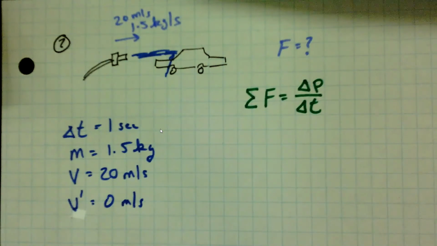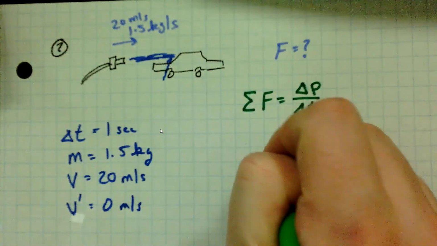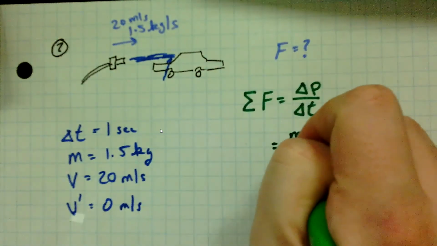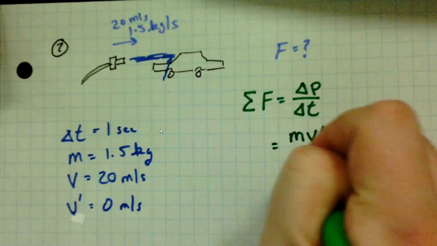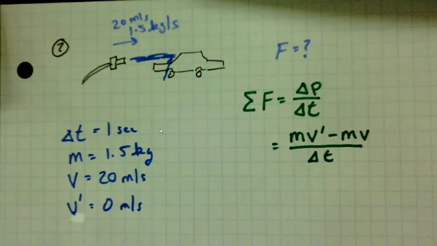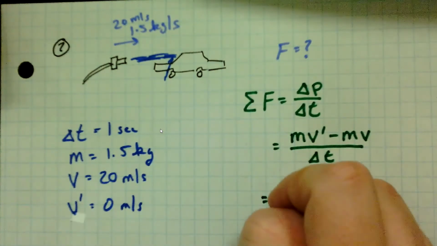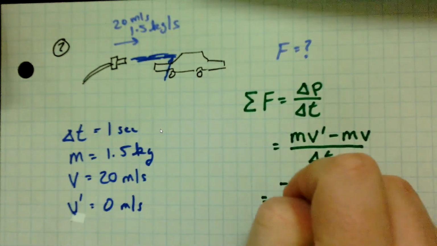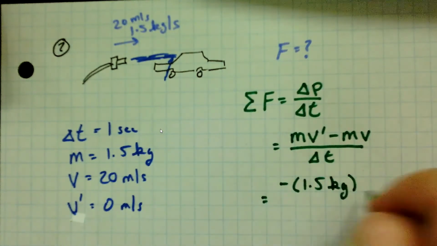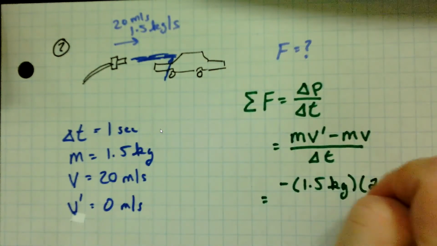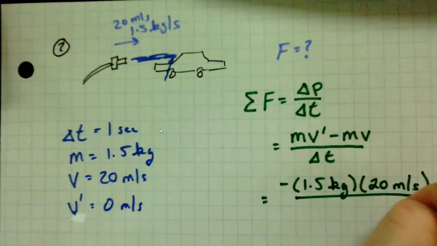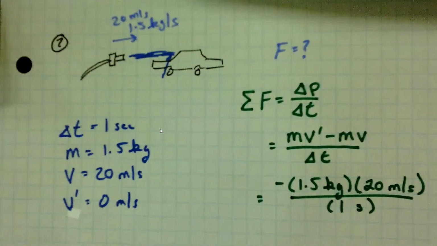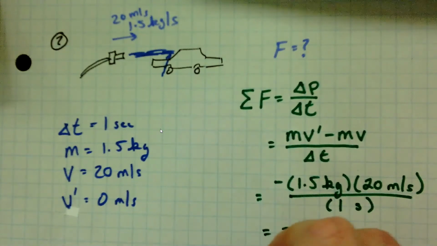So at this point, this equation becomes, delta P is just M V prime minus MV, divided by delta T. So we just plug in. I think it's 30 newtons.